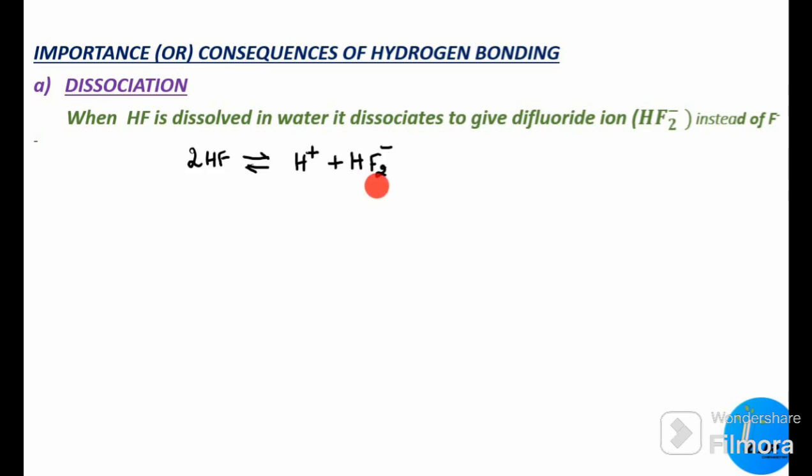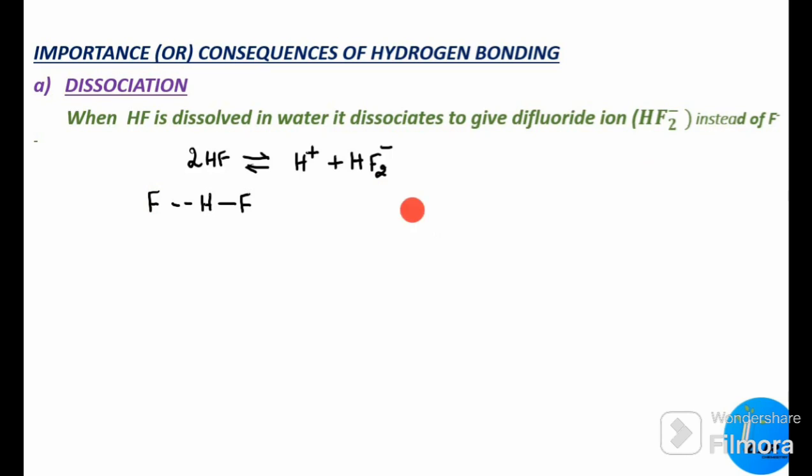So this is an abnormal behavior, and obviously, this is mainly due to the hydrogen bonding existing between hydrogen and fluoride. Since we have this hydrogen bonding between hydrogen and fluoride, we get HF2 minus instead of F minus.